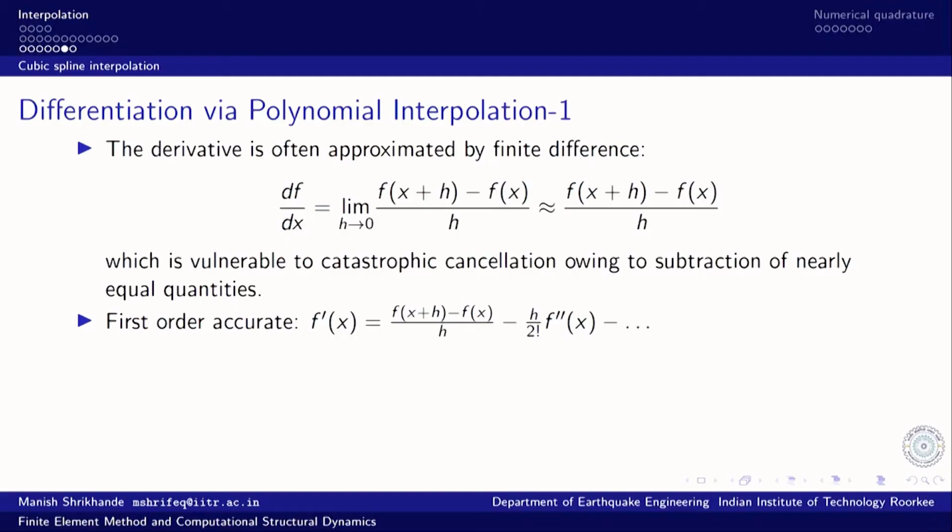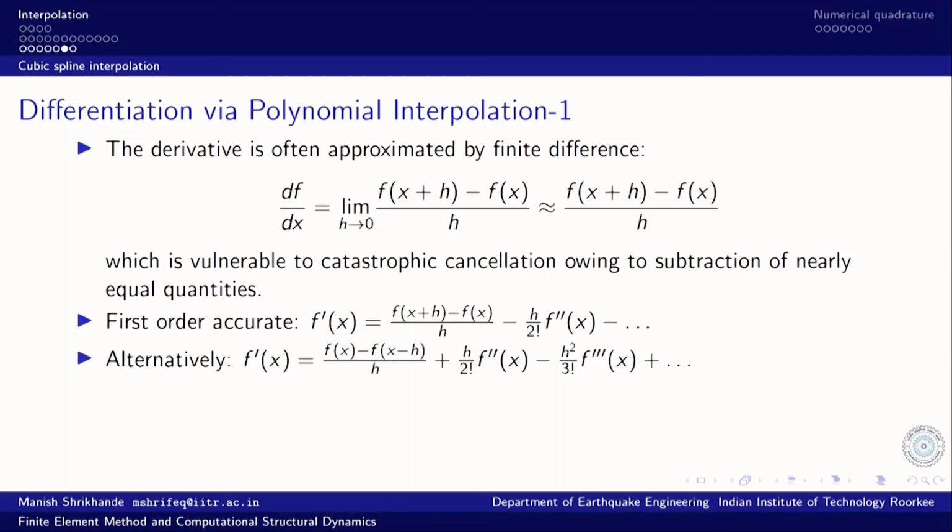The error term is second order, but this h square error term is first order, because the coefficient of h square gets divided by h, and that is how it is proportional to the first power of h. So, that is a first order accurate.